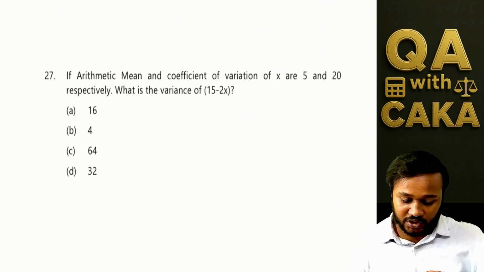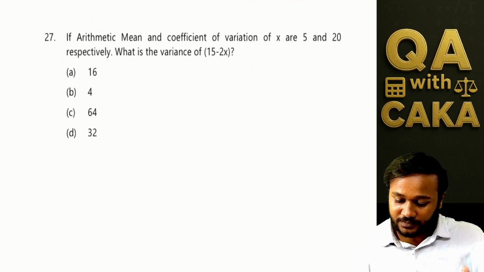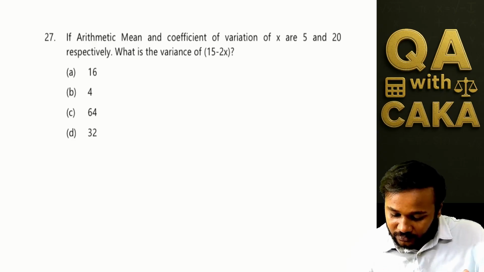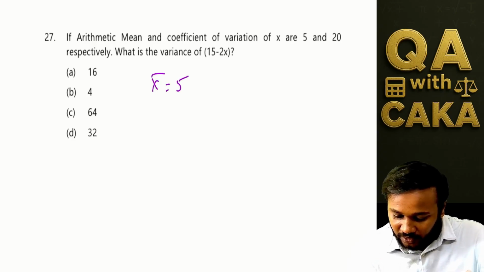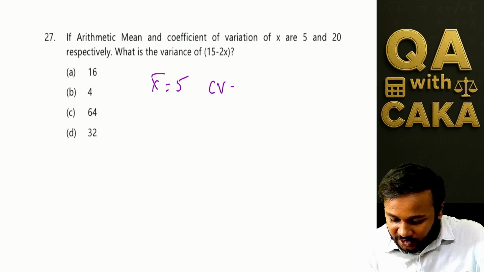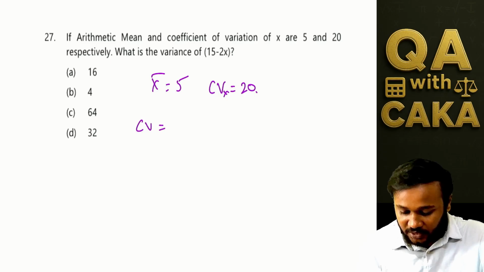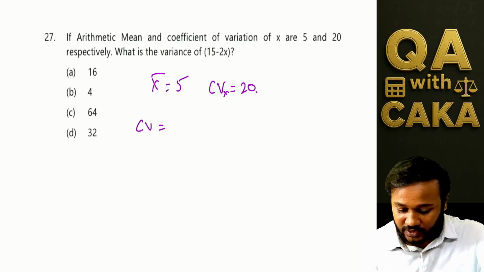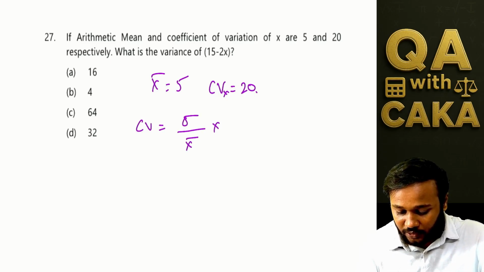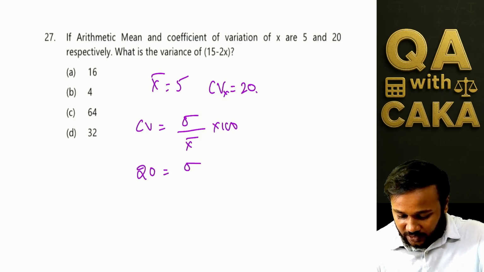Next, your 27th question. If AM, so x bar is equal to 5 and coefficient of variation is equal to 20 of x. Now, what is the formula of coefficient of variation of x, sir? Coefficient of variation of x is equal to standard deviation by mean into 100. Now substitute the given values. 20 is equal to standard deviation by x bar, which is 5, into 100.